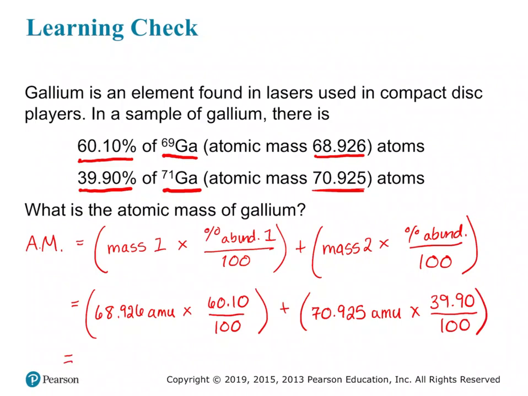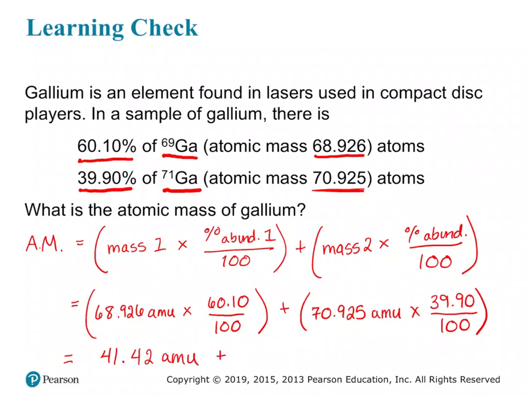Okay, so I'm going to plug this into my calculator. Let's see what we get for the first part. Let's take 60.1, divide that by 100, and then multiply that by 68.926. I get 41.42 AMU.